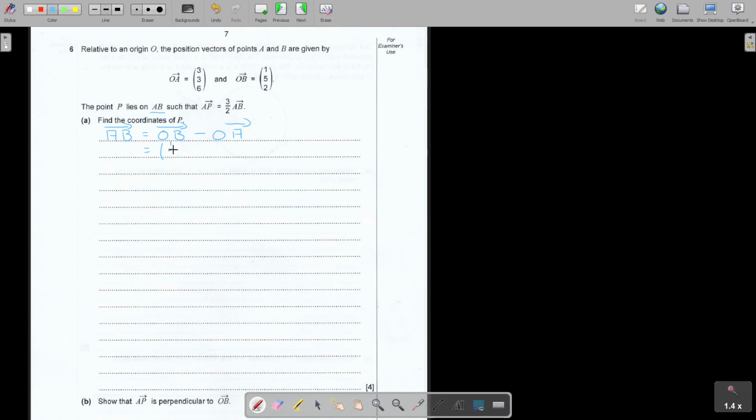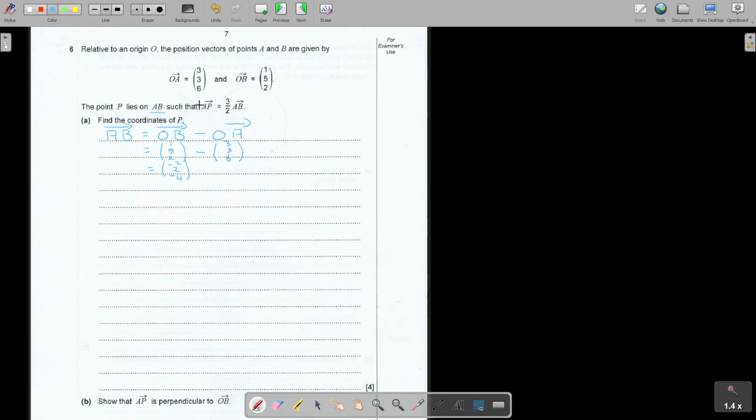So 1, 5, 2, don't make it base vectors, minus OA, so 3, 3, 6. If I subtract this, it's 1 minus 3, so this is going to be negative 2. 5 minus 3, this is going to be 2. And 2 minus 6 is negative 4.